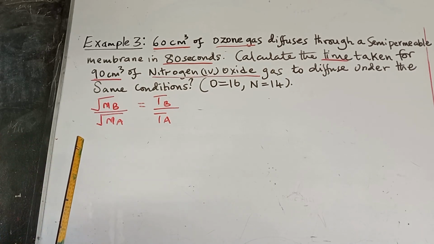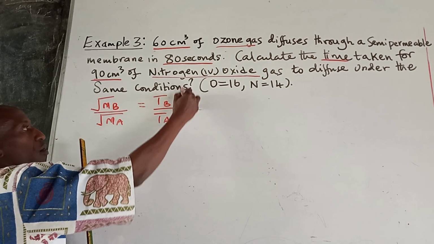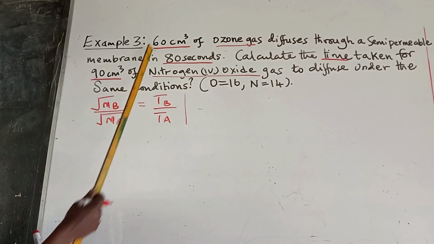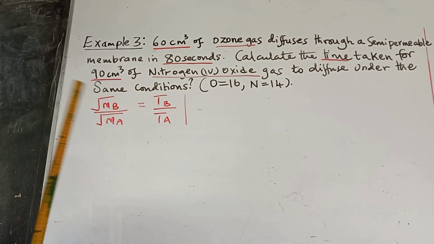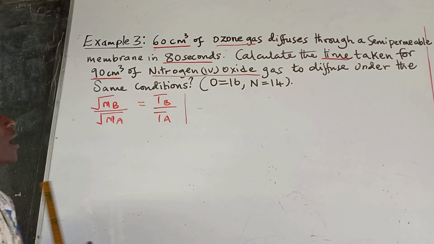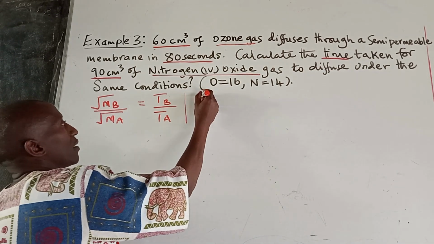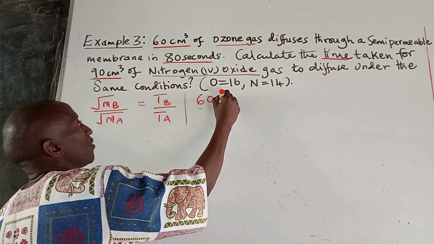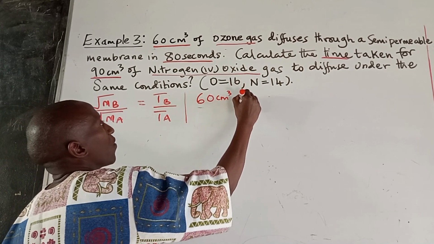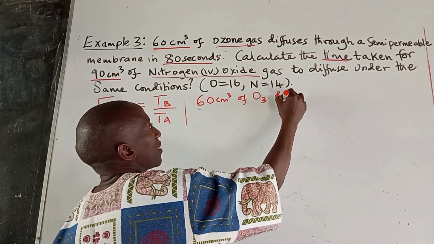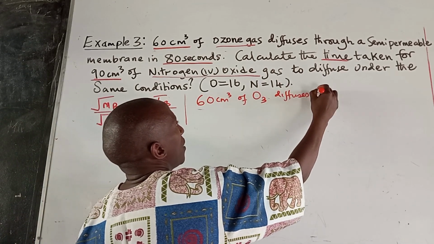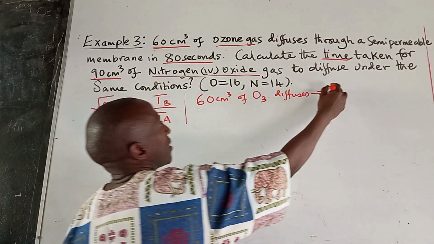The other item that we need to seriously look at is the issue of different volumes. We are having a situation whereby 60 centimeter cubed of the ozone gas, O3, diffuses in 80 seconds.